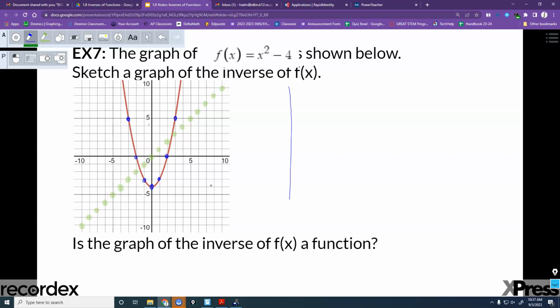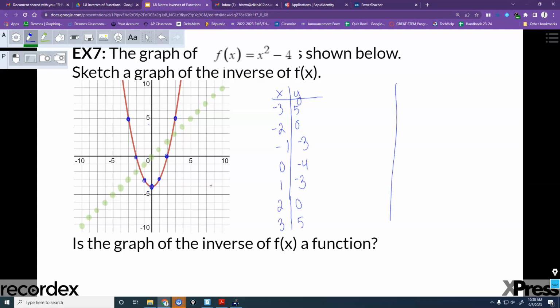If I look at the coordinates of those points, I've got (-3, 5), (-2, 0), (-1, -3), (0, -4). This point right here is (1, -3). I've got (2, 0) and (3, 5).